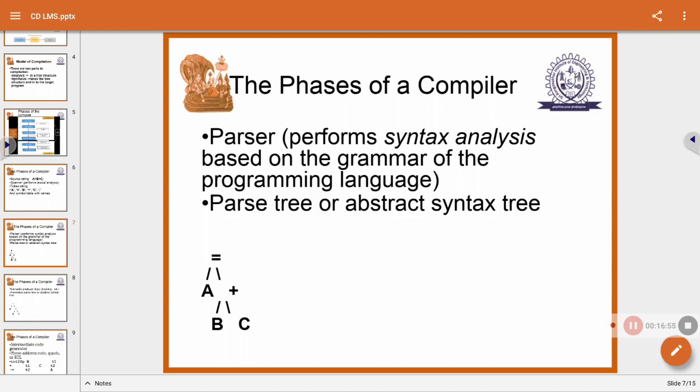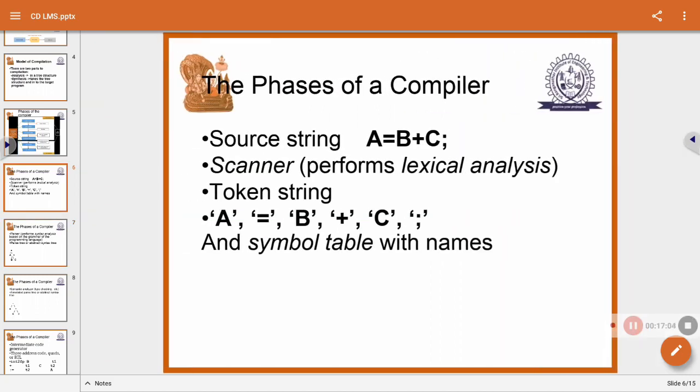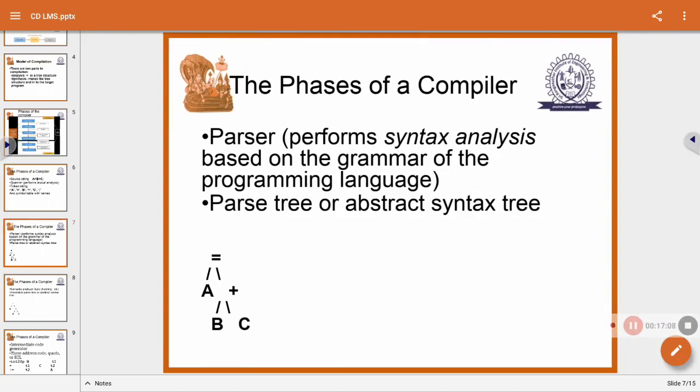We see on the left A, followed by a symbol. What is the expression? Quite simple. What is the expression? Expression equal to is very simple. A equal to B plus C is the expression.